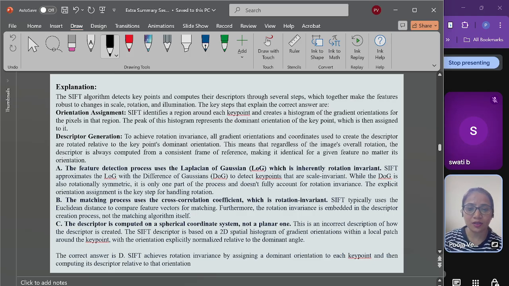The SIFT descriptor is based on the 2D spatial histogram of the gradient orientations within the local patch around the keypoints, with the orientation explicitly normalized relative to the dominant angle. So the correct answer is D. SIFT achieves rotation invariance by assigning the dominant orientation to each keypoint and then computing the descriptor relative to that orientation.